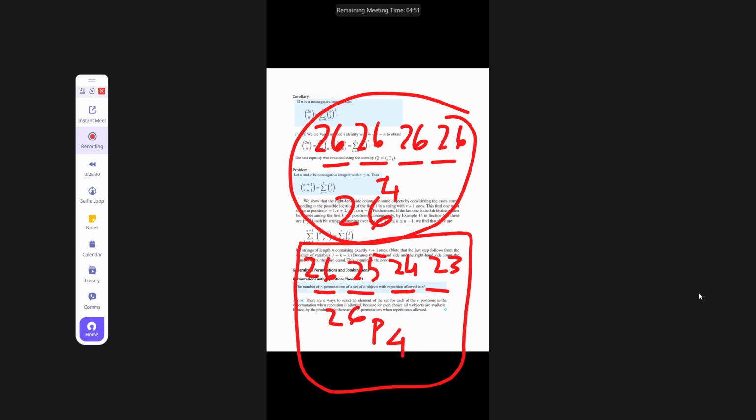So this is n permute r and this is n to the power r. Normal permutation without repetition is nPr, and with repetition is n to the power r. But as you can see, this is nothing new. This is simply the product rule. So even if you do not understand generalized permutation, you can solve this using an application of the product rule.